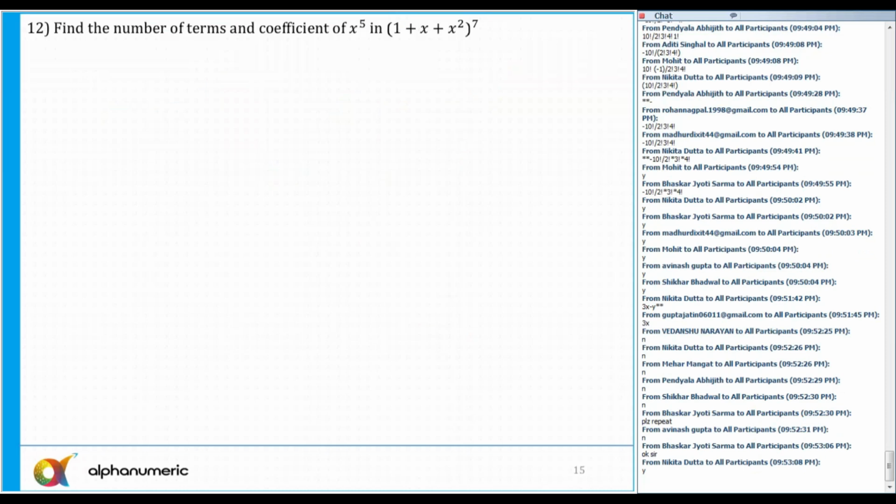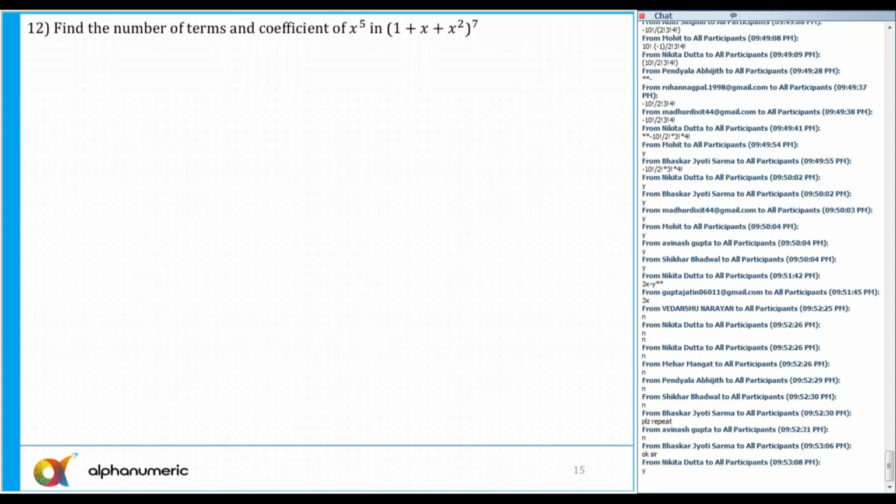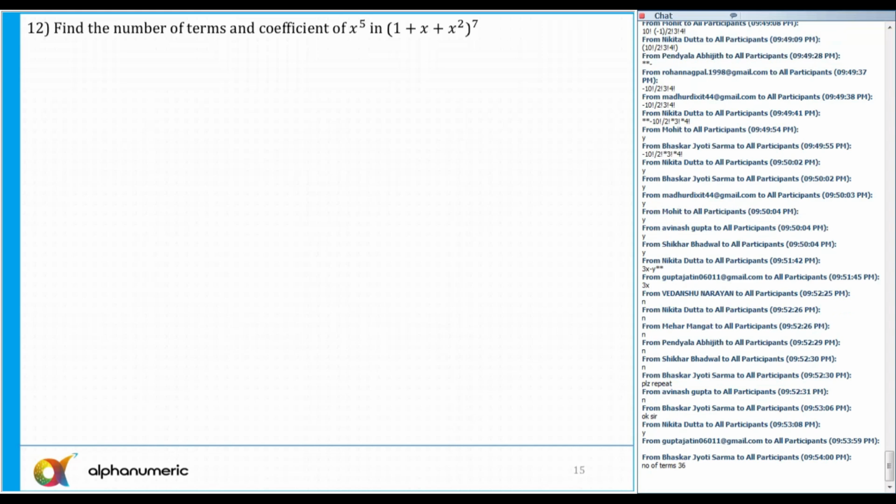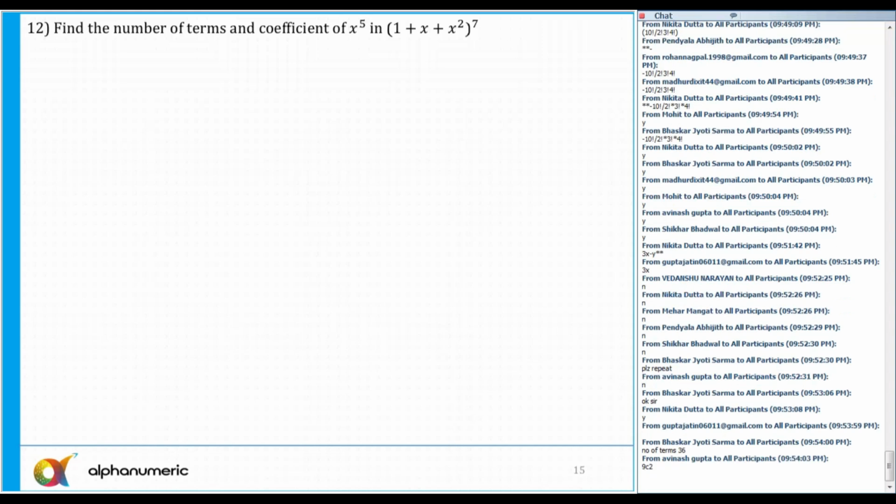The question is find the number of terms as well as coefficient of x to the power 5. What is the total number of terms? Please tell me. No. Now, number of terms is not 9.